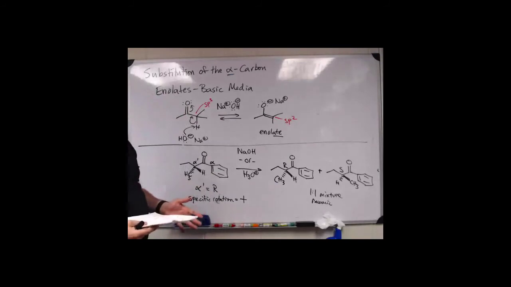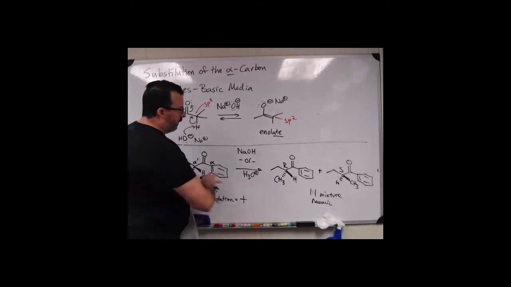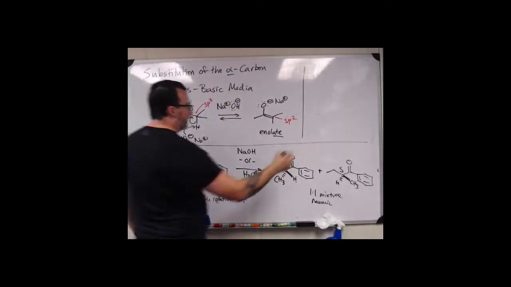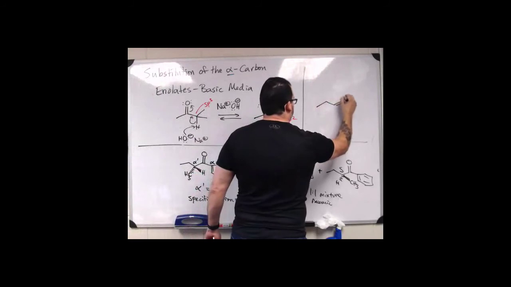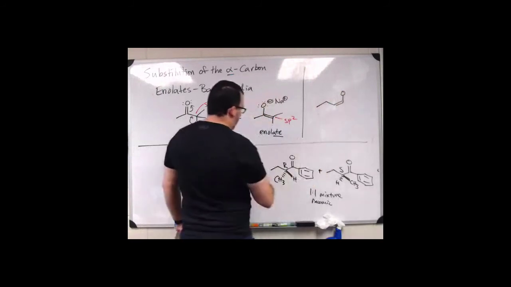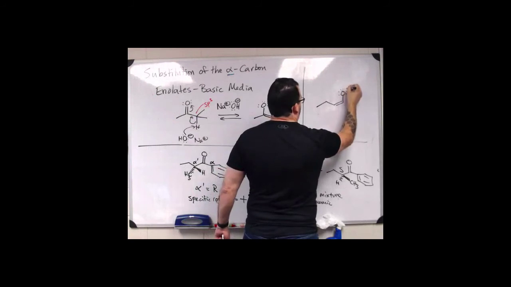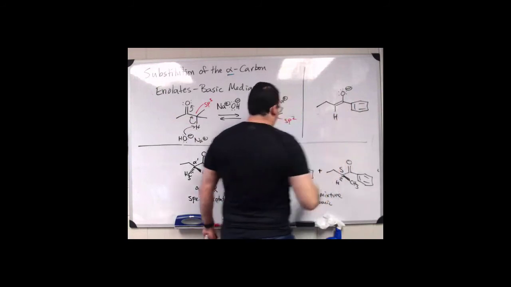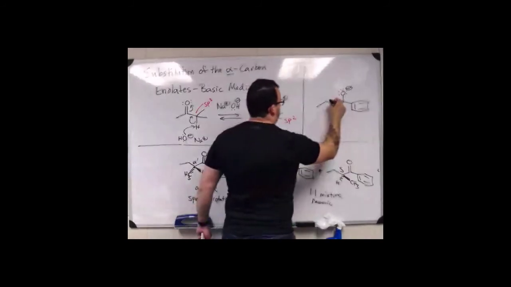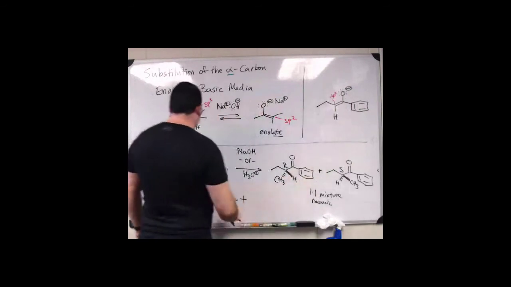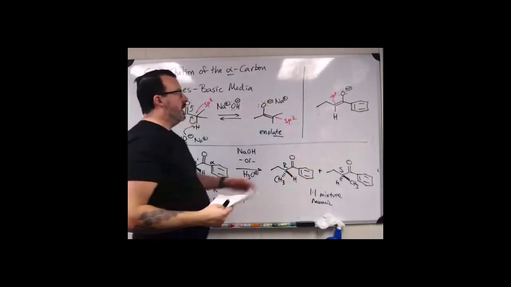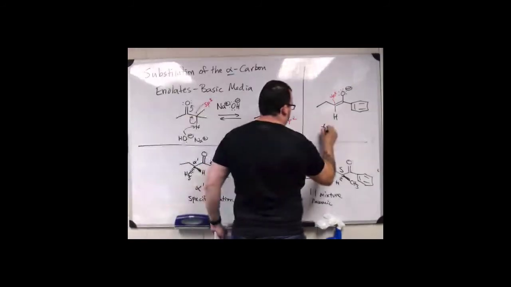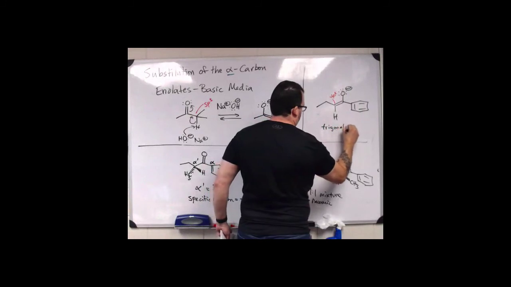So a similar thing is happening down here. I'll draw the intermediate when this thing enolizes, under basic conditions. We see it again, this is now sp2. So what do we know about sp2 hybridized carbons? It's trigonal planar. It's flat.